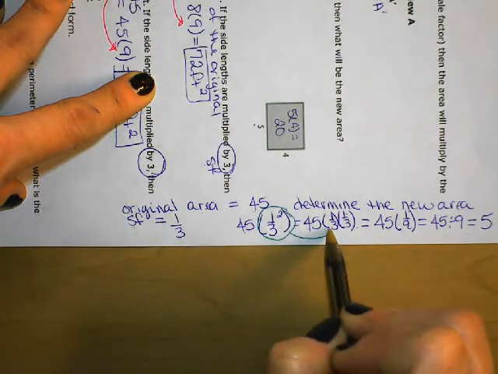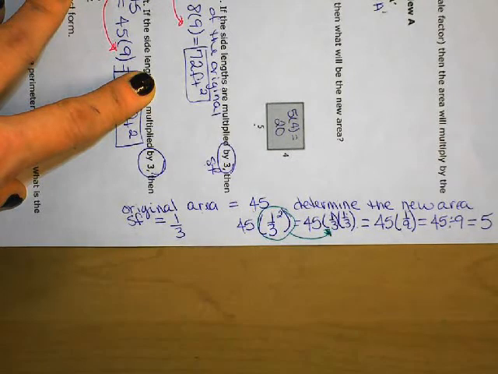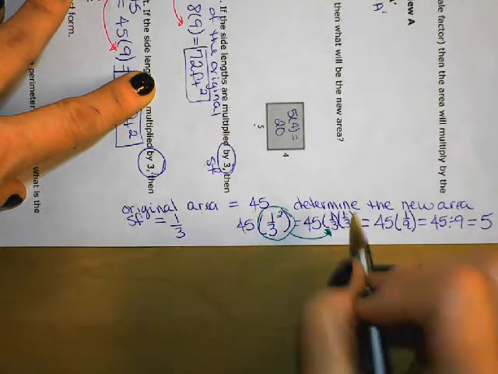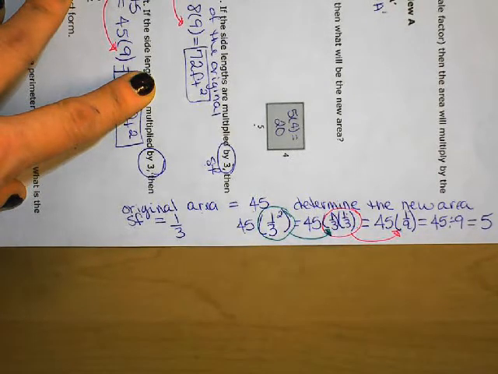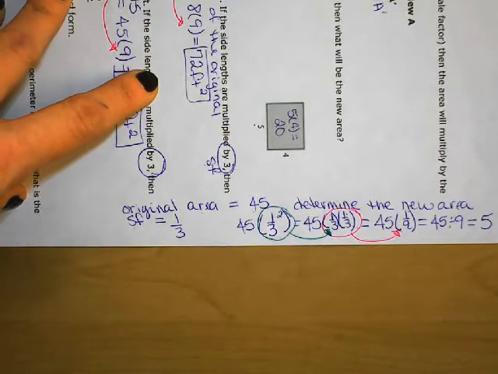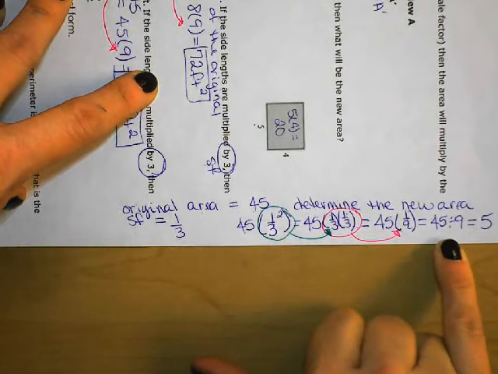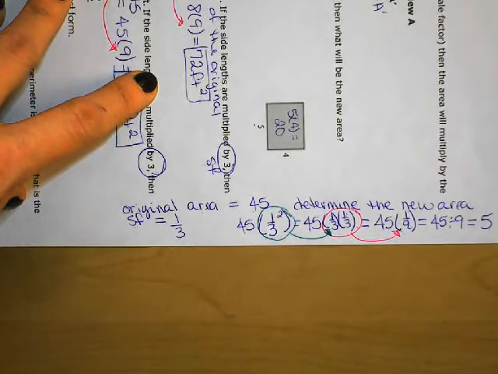I broke this apart into 1/3 times 1/3, and then I multiplied across and did 1/3 times 1/3 is 1/9. And remember, when you multiply by a fraction with a numerator of 1, you can just divide by the denominator and get your answer. Therefore, the new area would be 5. You may see a couple of examples like this on your homework tonight.